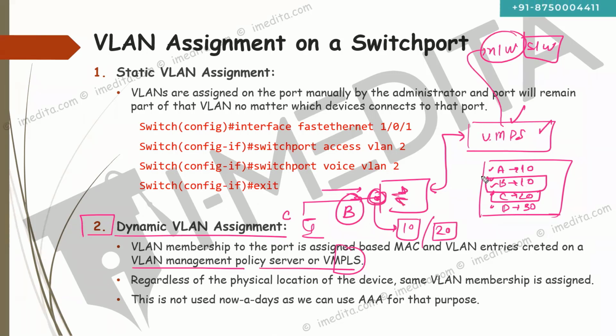The switch is going to ask VMPS, based on the MAC address, tell me what VLAN this user belongs to. VMPS is going to tell the switch that the user belongs to this particular VLAN, and based on that, the VLAN membership will be given to the particular port.